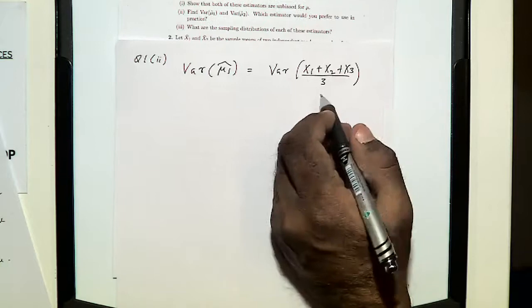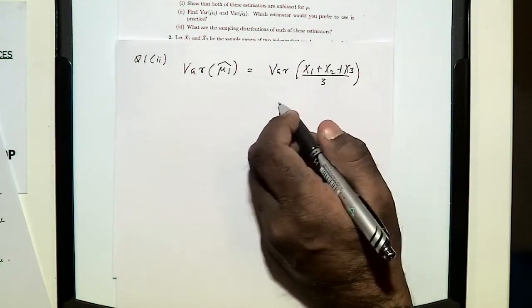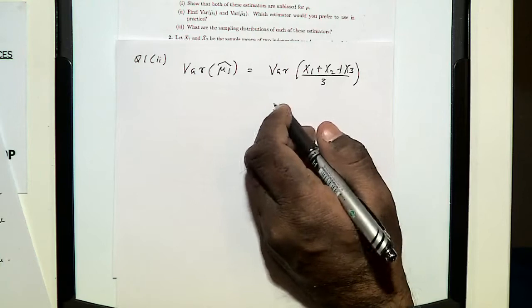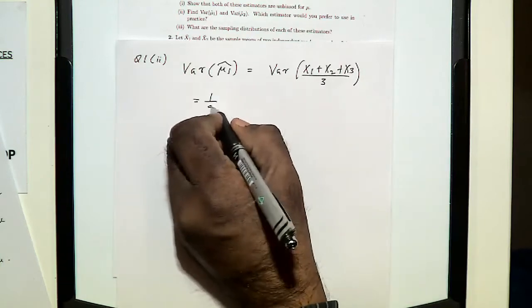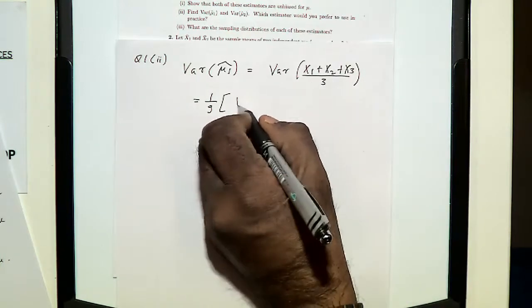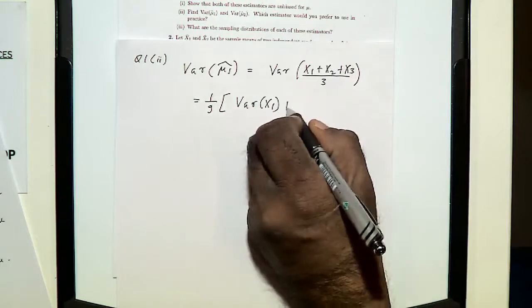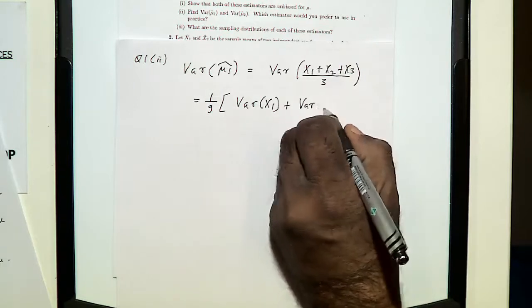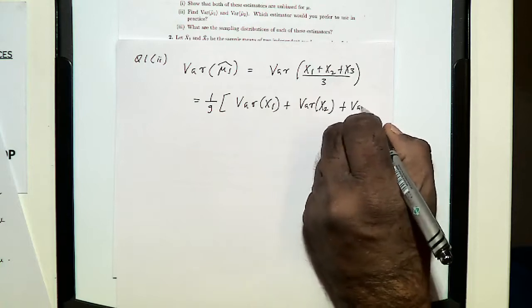Now I'm going to take the 3 outside of the brackets. Remember, when you take a constant outside, you need to square it. So 3 becomes 9, and in brackets you have the variance of x1, variance of x2 plus the variance of x3.